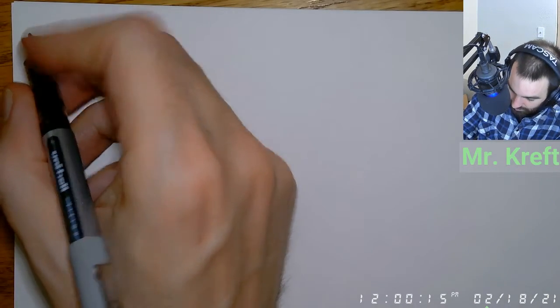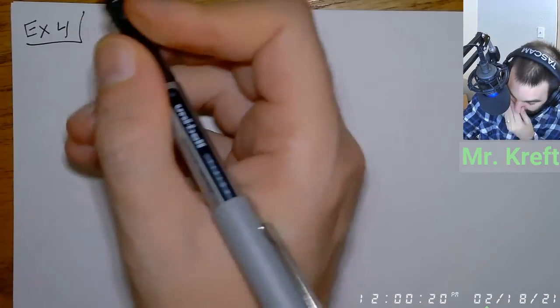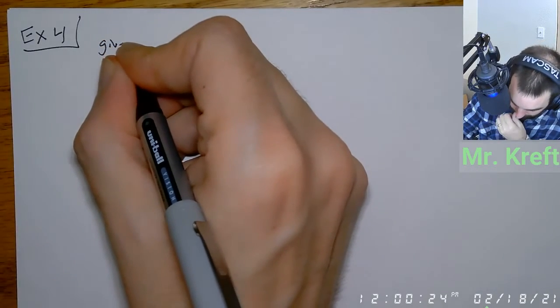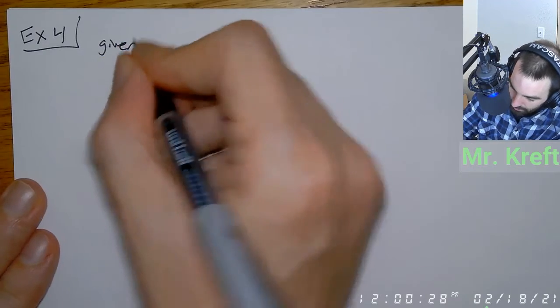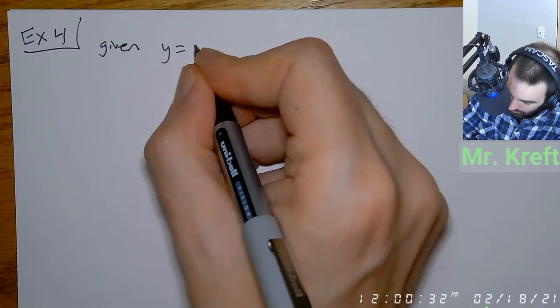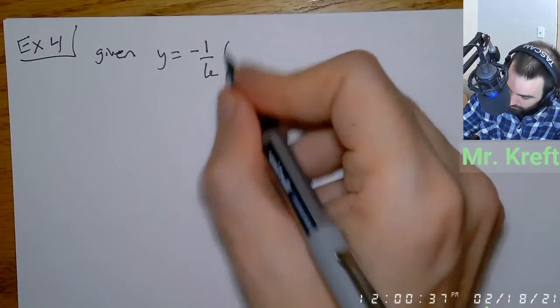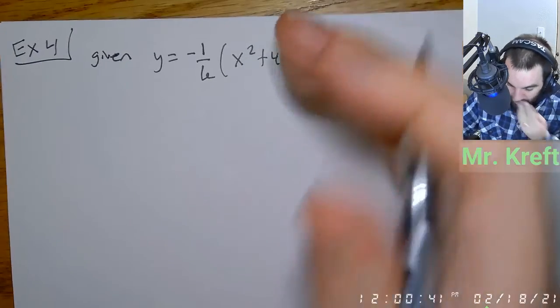Okay, so we're going to write an equation. So what example is this? Is this 4? Okay, so given y equals negative 1/6 x squared plus 4x minus 2.